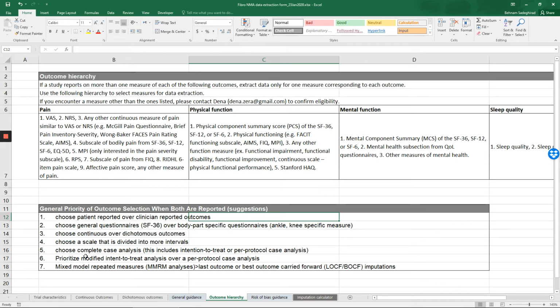We always want you to capture information regarding complete case intention to treat. You need to understand that intention to treat means analyzing patients based on the arm they have been randomized to. Some trials, when reporting intention to treat analysis, may confuse it with handling missing participant data.